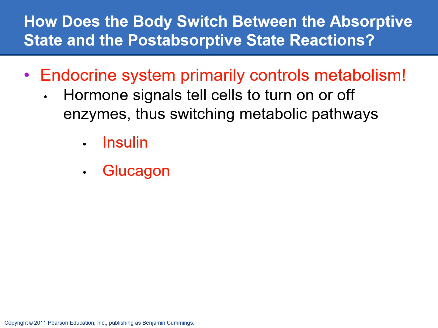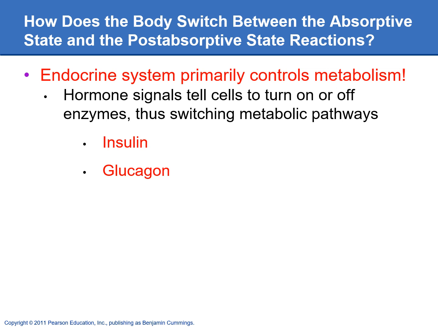Okay, so we do need to switch between the absorptive and post-absorptive states. And remember, there's very different reactions going on. Remember, the absorptive state is anabolic reactions, and in the post-absorptive state, we've got catabolic reactions going on.